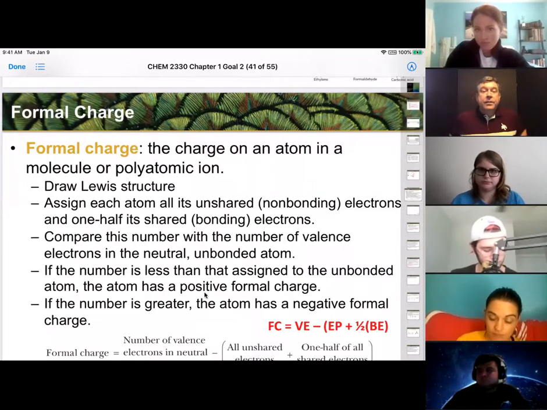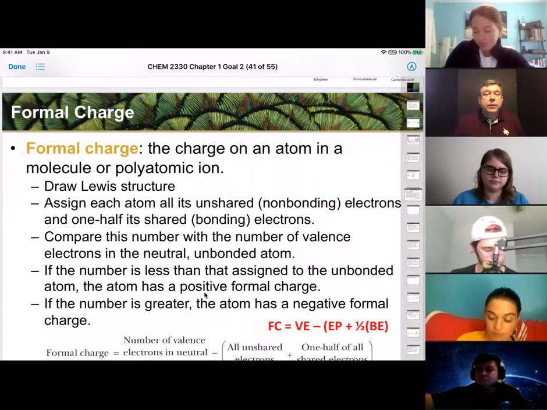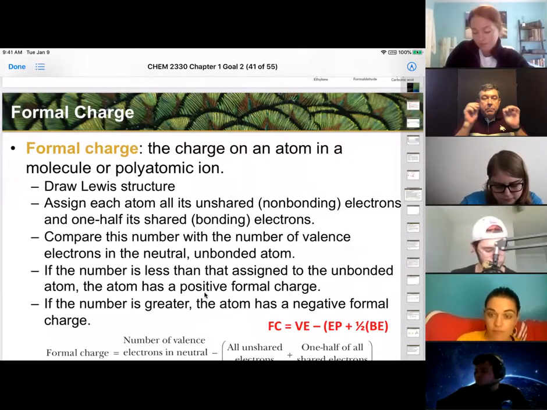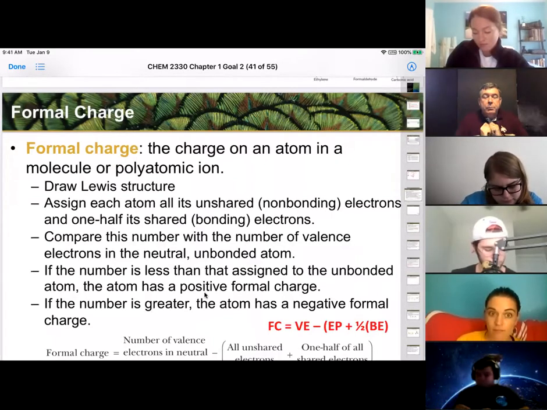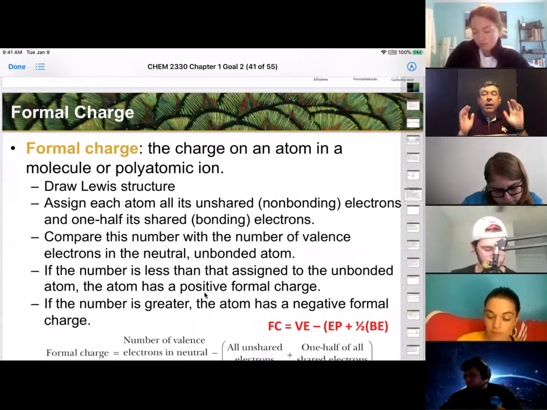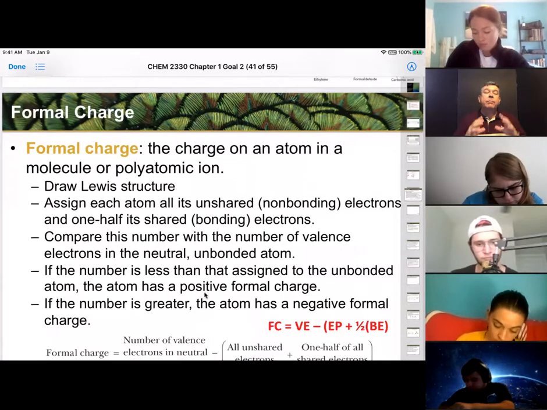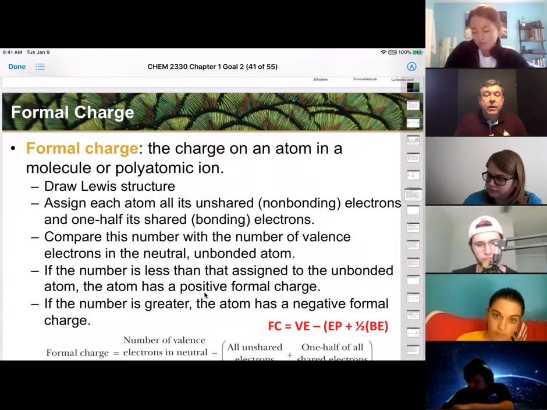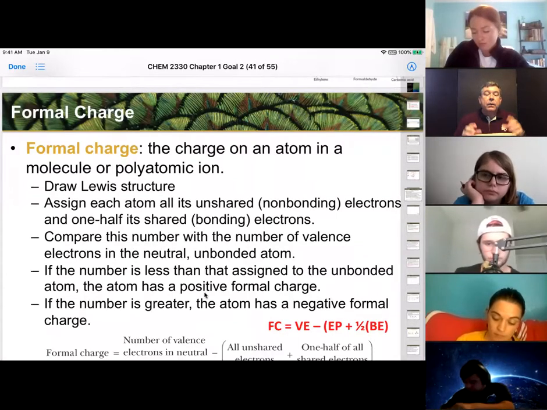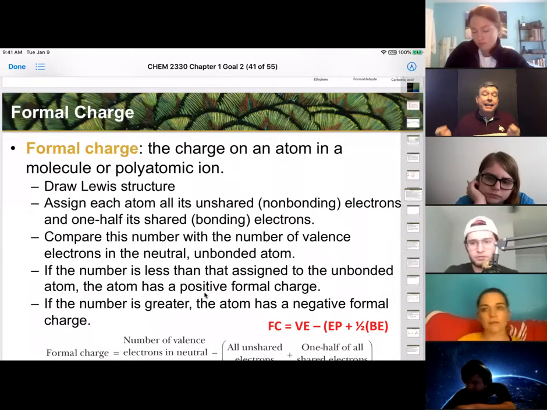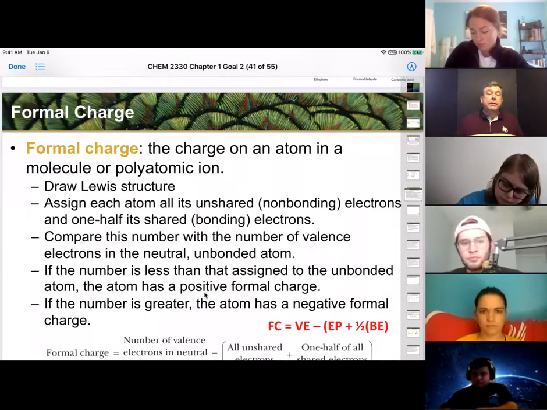Now that we've been able to draw a whole bunch of those bonds around things, and we know how to count those electrons, that each line counts for 2 electrons, and we want to have most of the time 8 electrons around the atom, let's look at the formal charge on each and every atom in a molecule or a polyatomic ion.